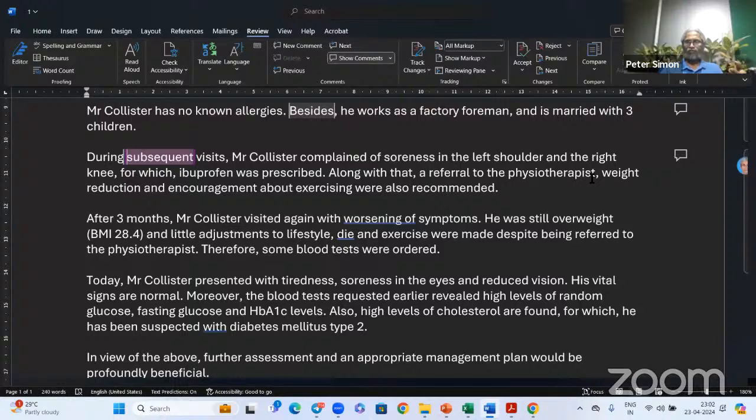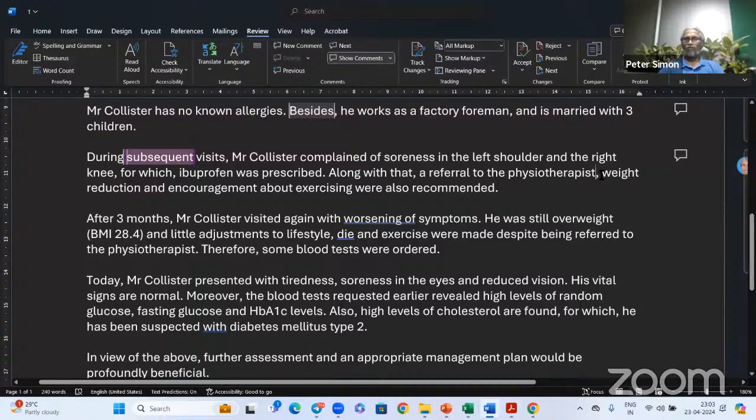Is a referral to the physiotherapist recommended? A referral you have given. You did not recommend somebody to give. But you already referred. You are giving a referral letter. You are providing a referral to the physiotherapist. Here you can say a referral to the physiotherapist was provided.